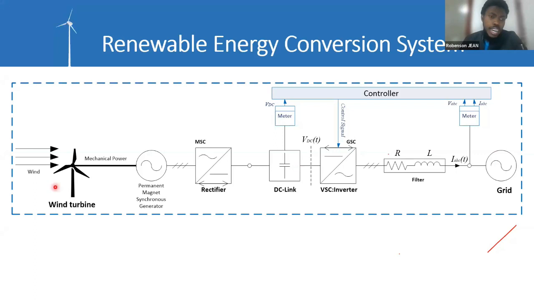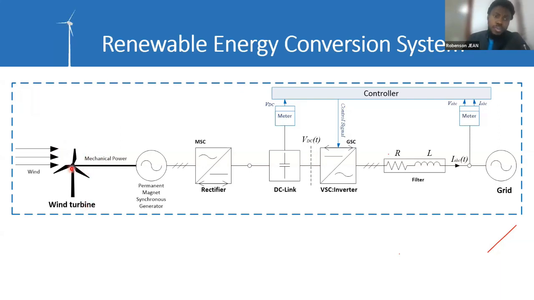And the reality, for instance, if I have a wind farm where this is the wind turbine and this is the generator that is linked to the wind turbine. So if someone here doesn't understand how it works, I can explain it rapidly. The wind turbine produces mechanical power.